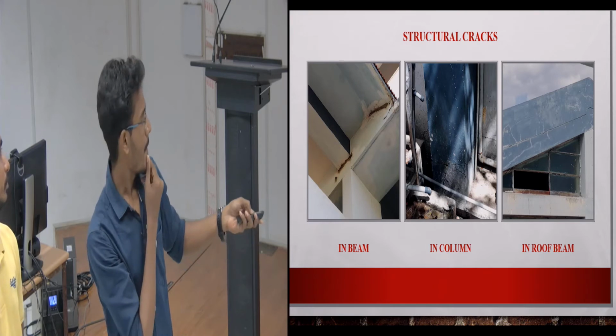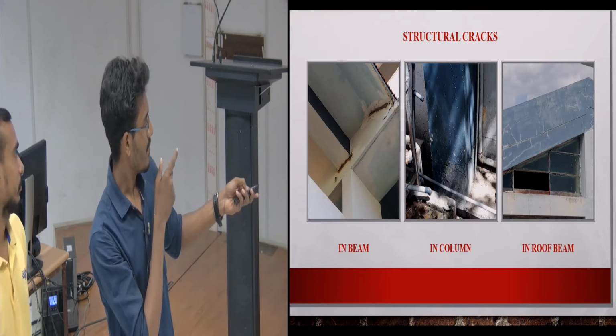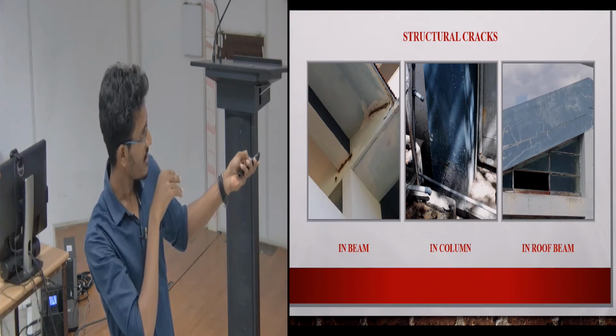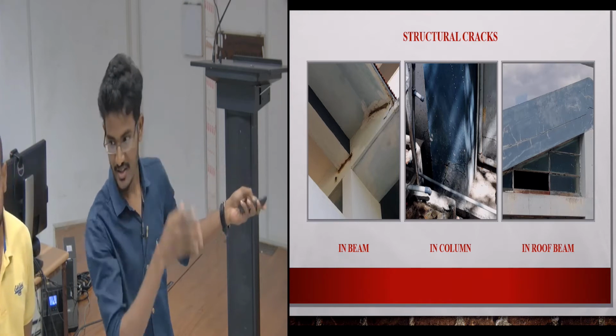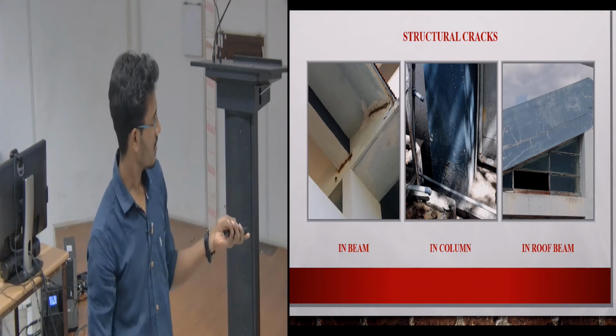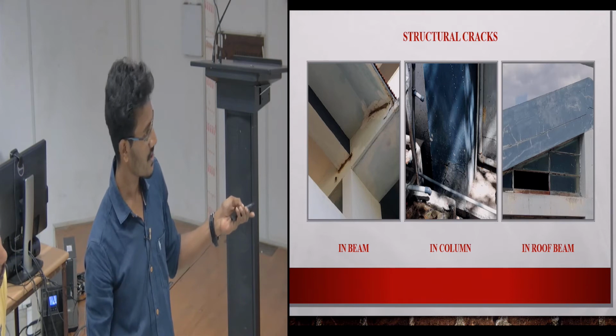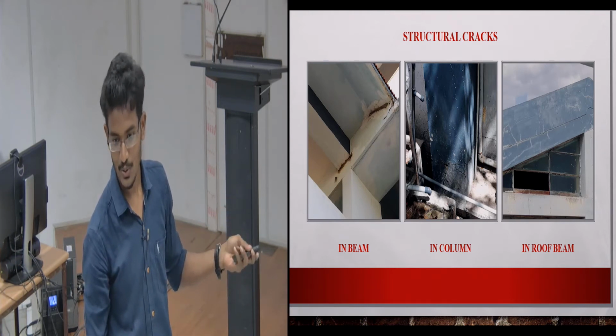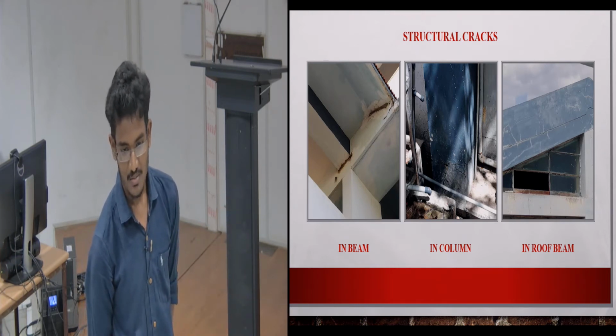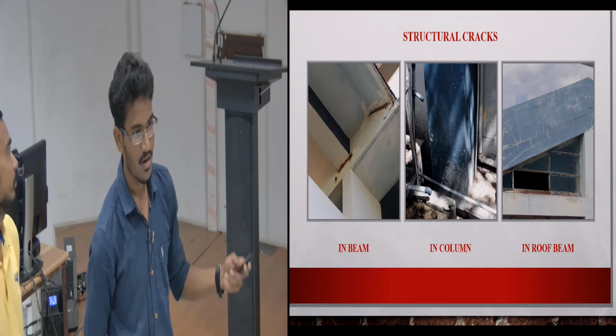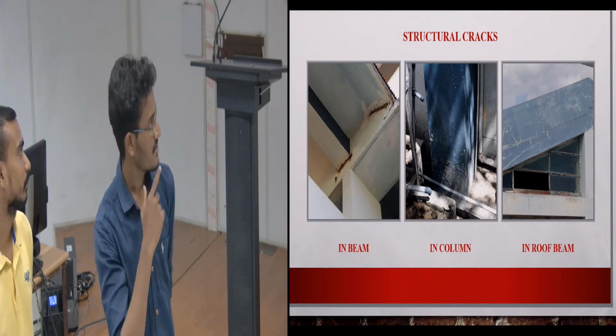Because the crack is horizontal, it's not diagonal or vertical. What is above that column? What is up there?